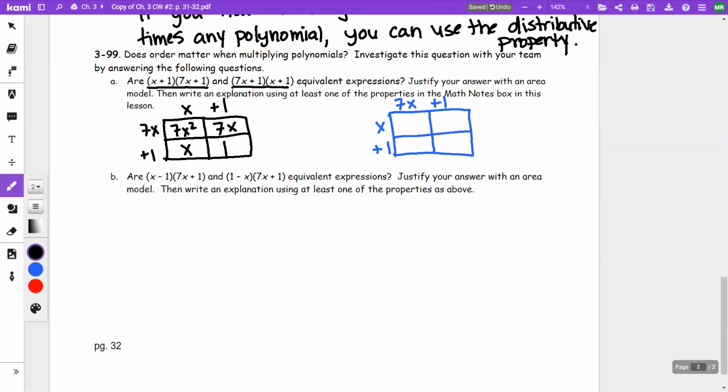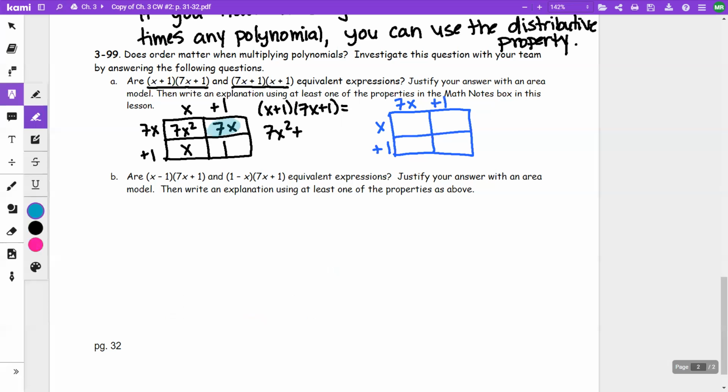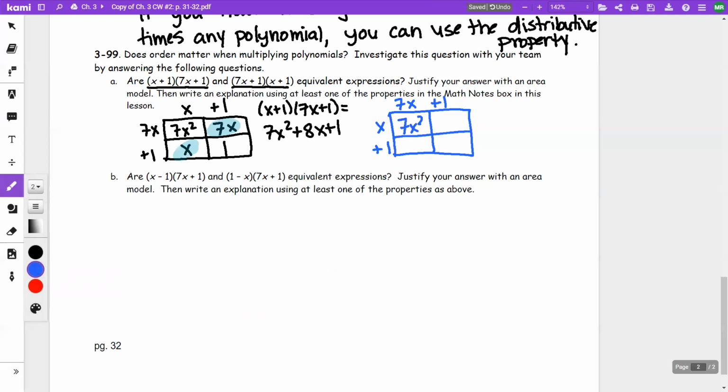And so what I ended up with when I did x plus 1 times 7x plus 1, I got 7x squared plus, and I'm going to combine the 7x and the x, which makes an 8x plus 1. Now in the blue one, I have x times 7x, which is 7x squared, x times 1, which is x, 1 times 7x, which is 7x, and 1 times 1, which is 1.